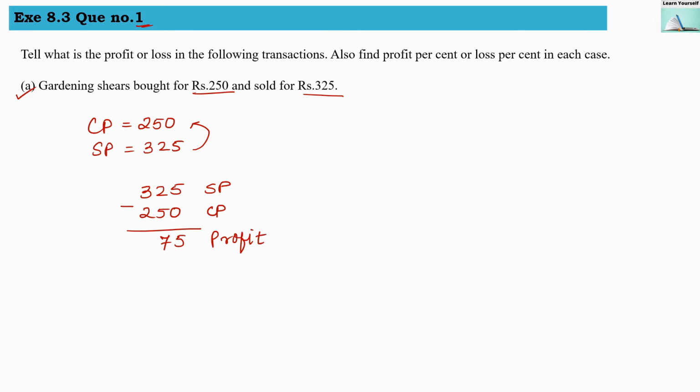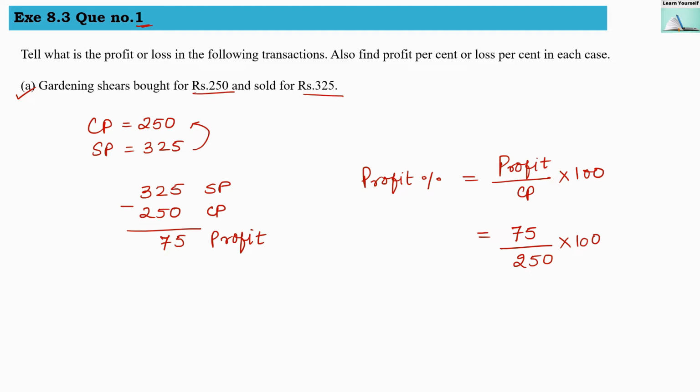Now we have to find out profit percentage. So formula for that is we have to write profit divided by cost price, and this too will be in multiplication with 100. So our profit is 75. The cost price is 250, and that will be in multiplication with 100.